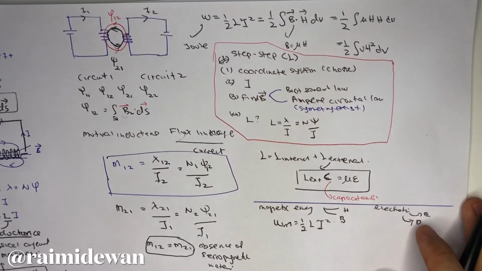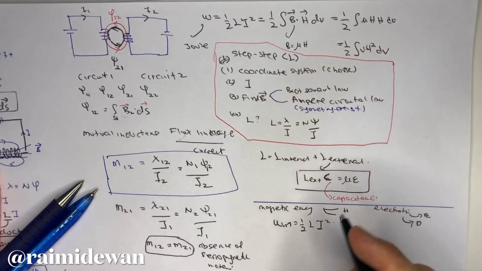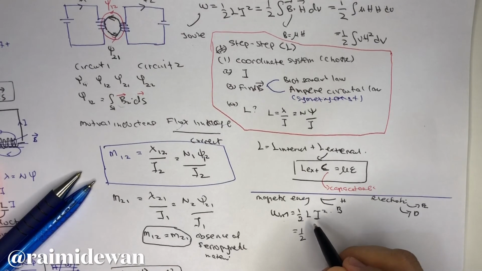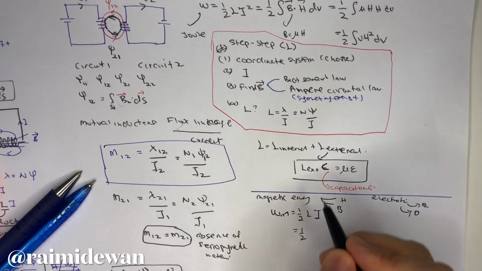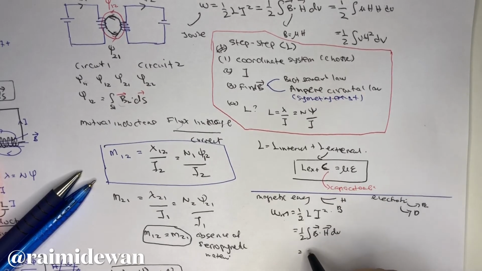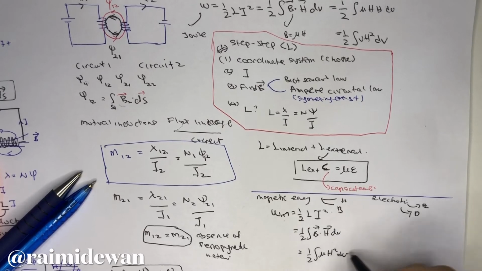So you can refer to it as half of BH dV and also half of mu H squared dV, okay.